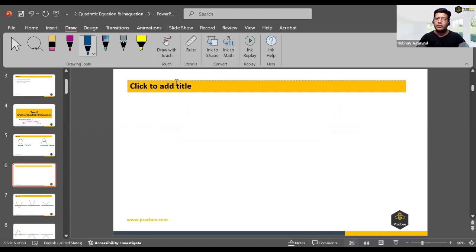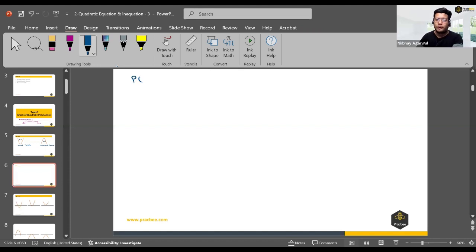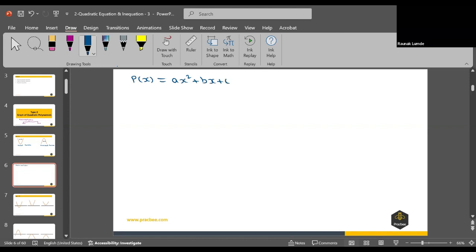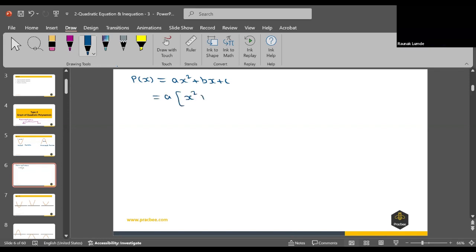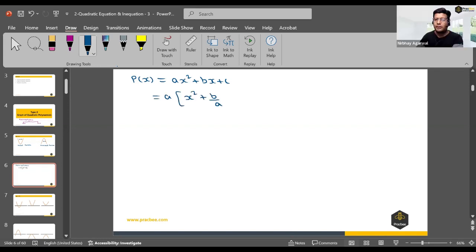Let me tell you basically. If you observe the quadratic polynomial, as I told you, it is ax square plus bx plus c. So I am deriving it. Take a common. So it will become x square plus b upon a x plus c upon a.